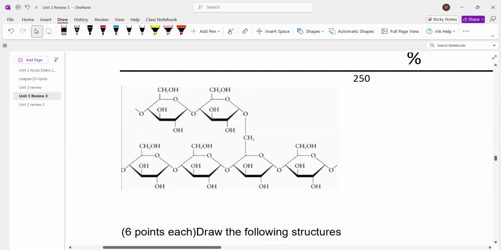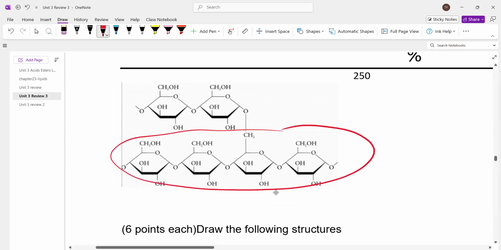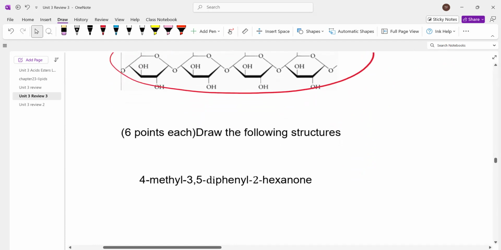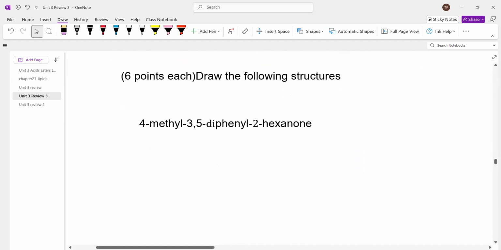Okay. And what's this guy here? Well, if it was just that, that would be amylose or starch, but we've got them branching it at carbon number 6. So that means that is an amylopectin. And some holdover reviews.